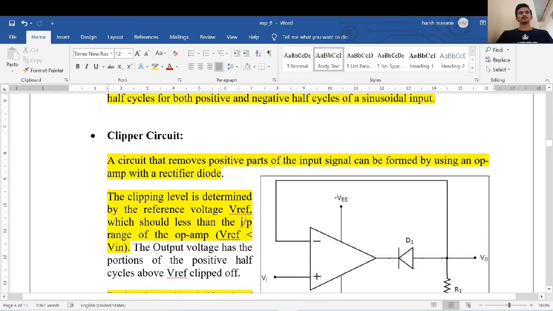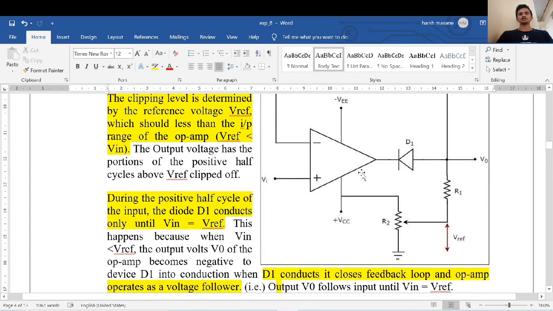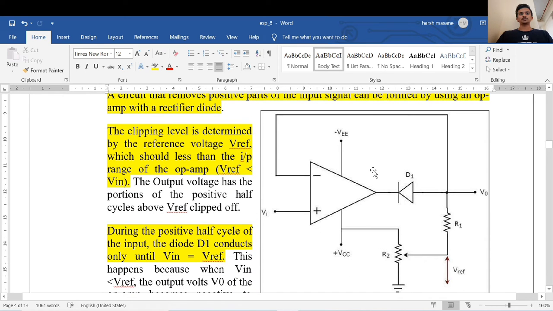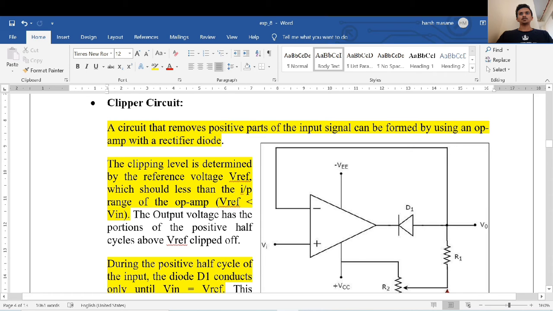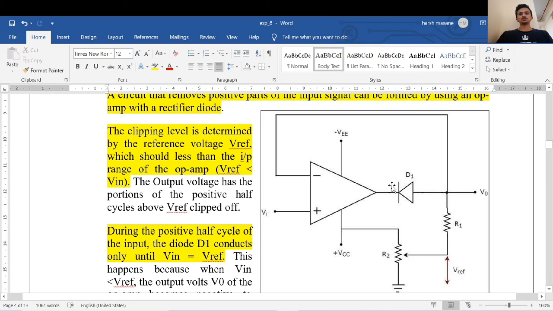So our another application is the clipper circuit. The clipper circuit removes positive parts. So here the circuit is a positive clipper, so it will remove the positive parts of the input signal, which is followed by the rectifier diode and the op amp. So here the clipping level is determined by the reference voltage we provide.